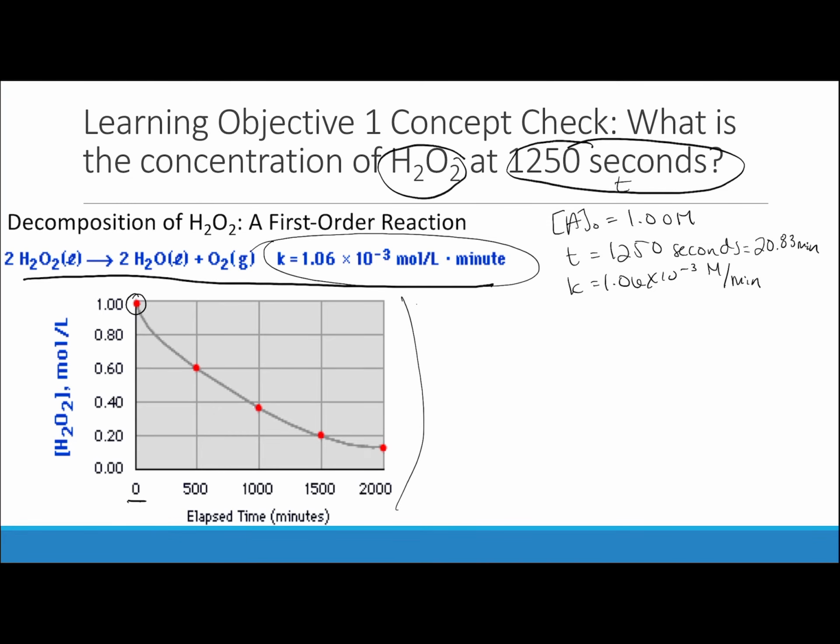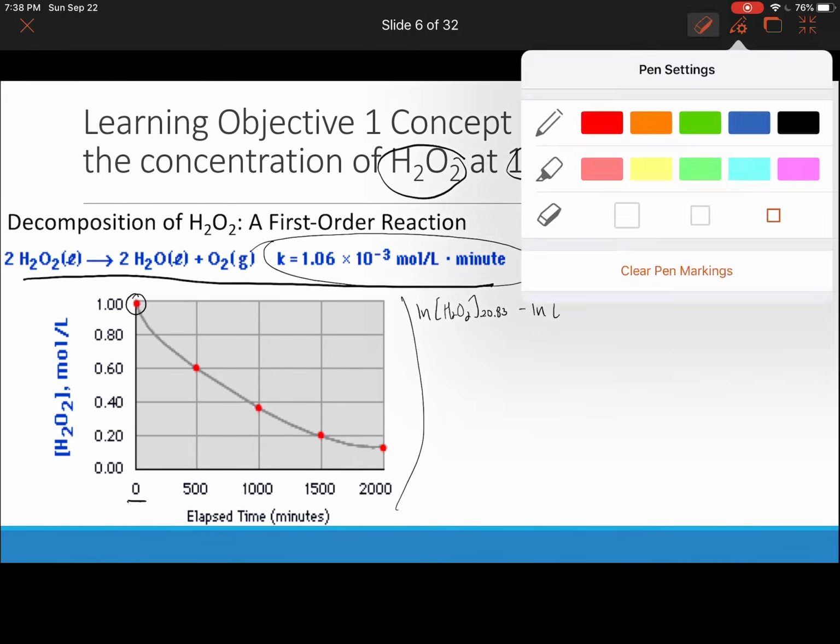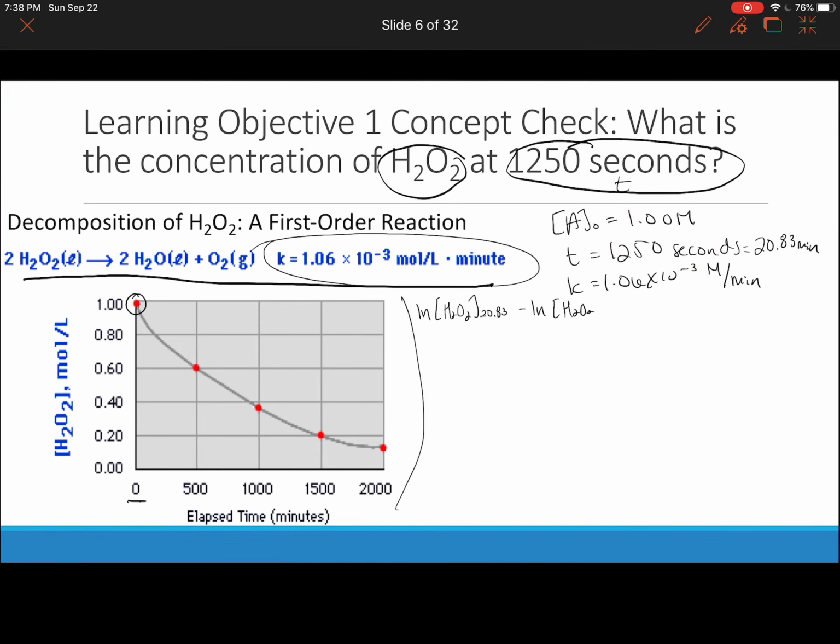So we've got ln H2O2 at time t, which is 20.83, minus ln H2O2 naught, so our initial concentration of that, is equal to negative kt.